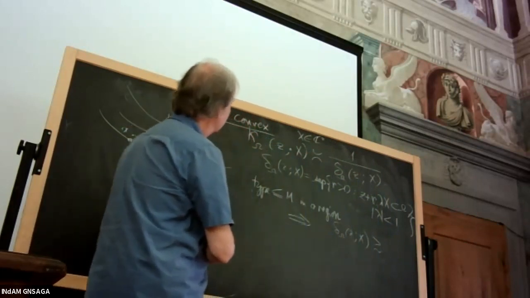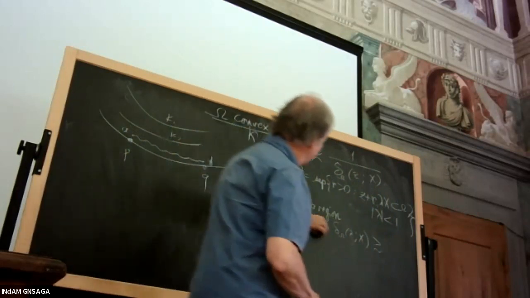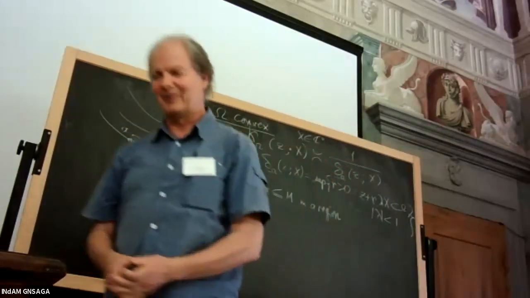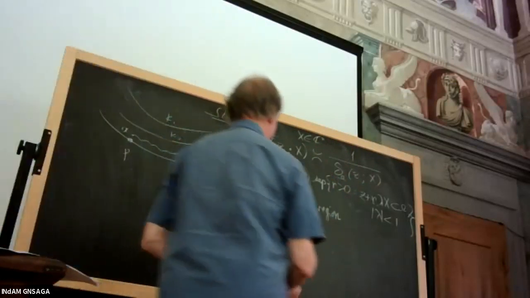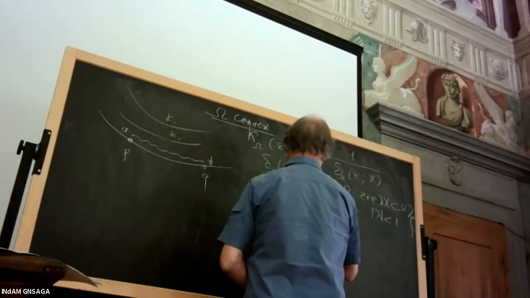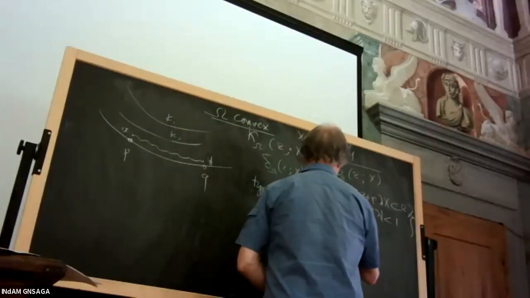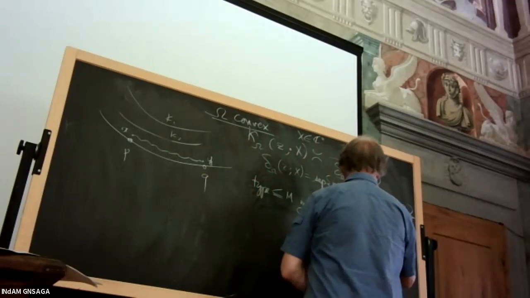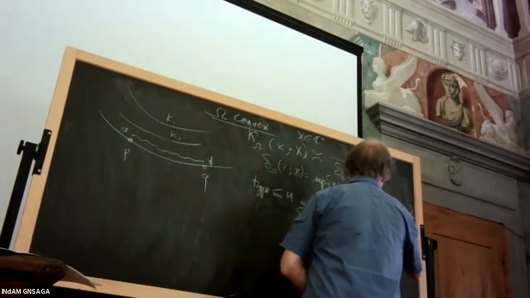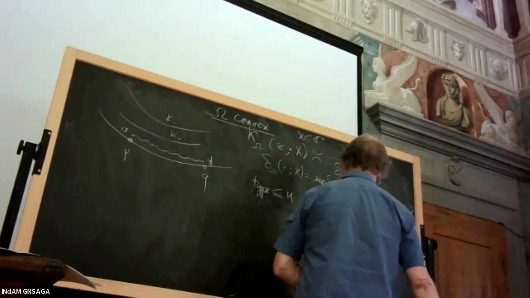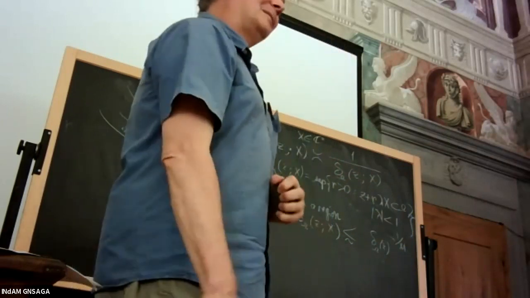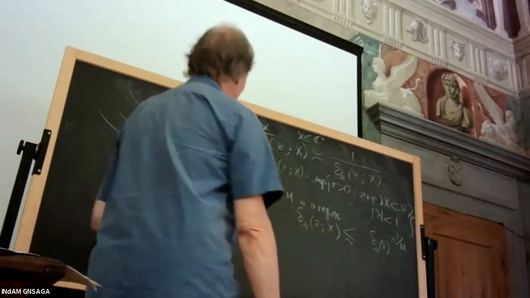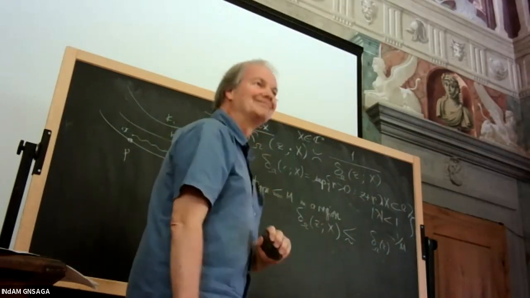So delta omega of z is smaller than this, and then kappa omega will be big.